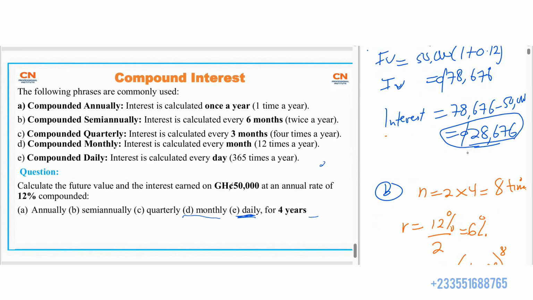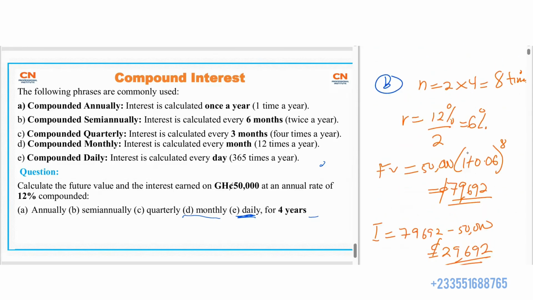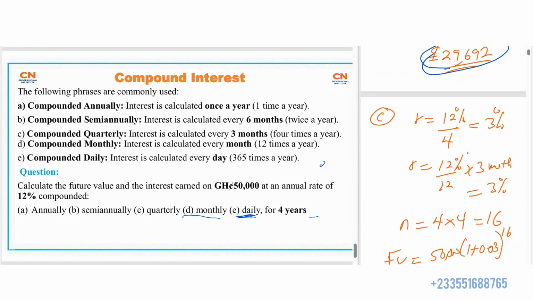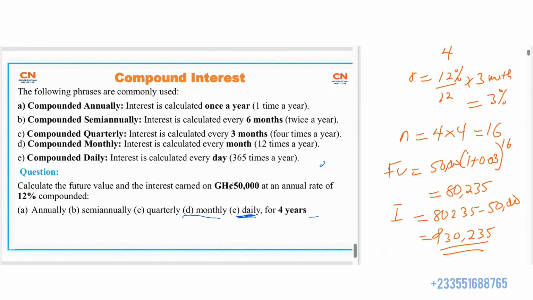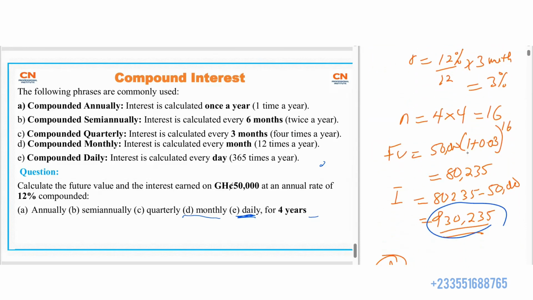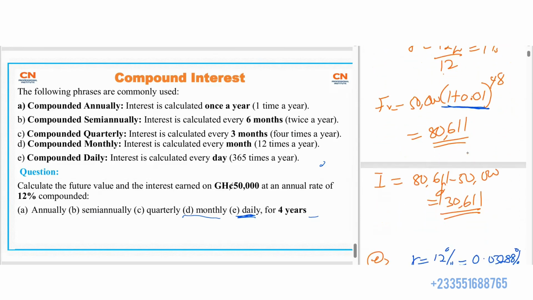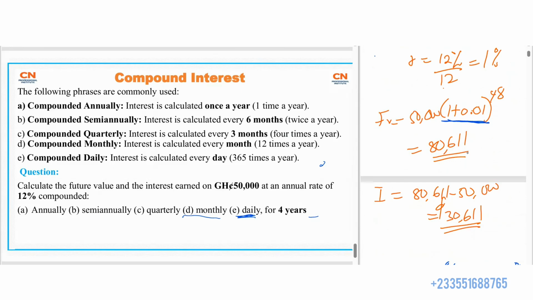But because of different compounding periods, you see how the interest is changing. The first one, you get 28,676. Then the second one, you're getting 29,000 something. Then C, you are getting 30,000 something. D, also 30,000 and something, but it's increasing.